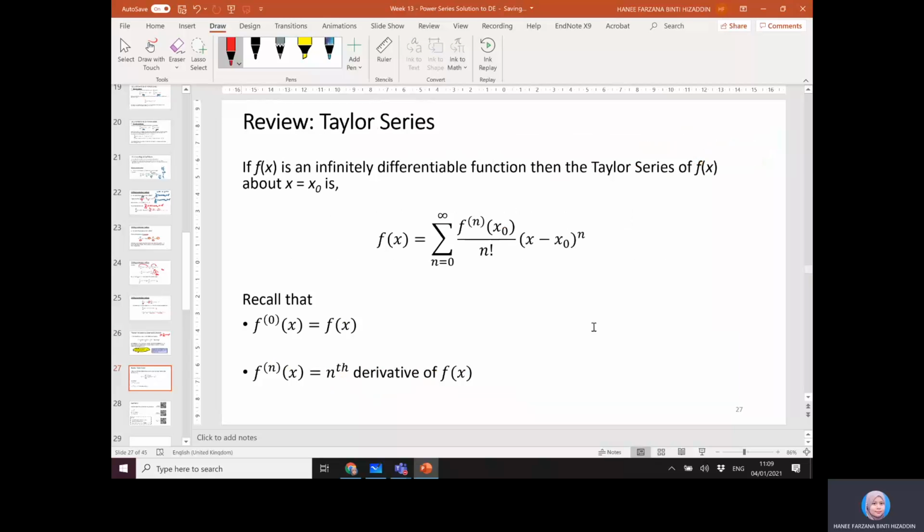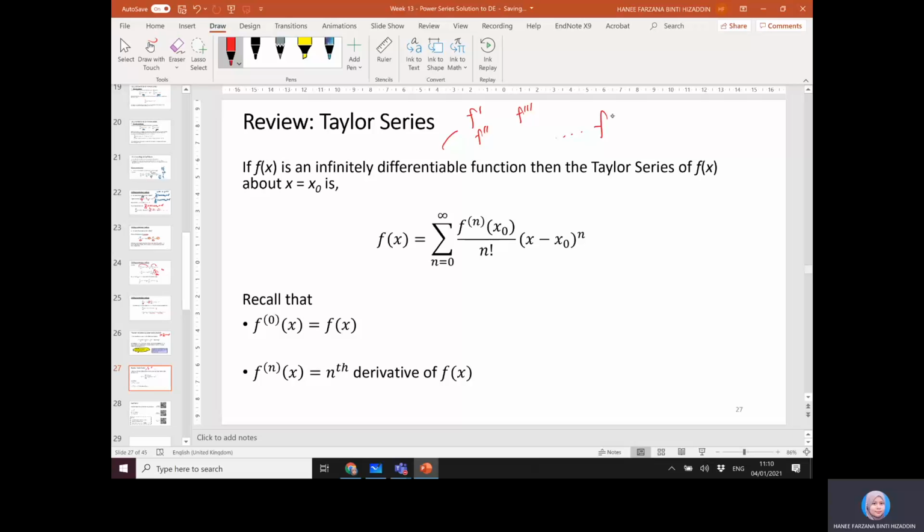So let's recap what a Taylor series is. So this is a Taylor series function. If f of x is an infinitely differentiable function, meaning you can get the first derivative, the second derivative, the third derivative, infinitely.